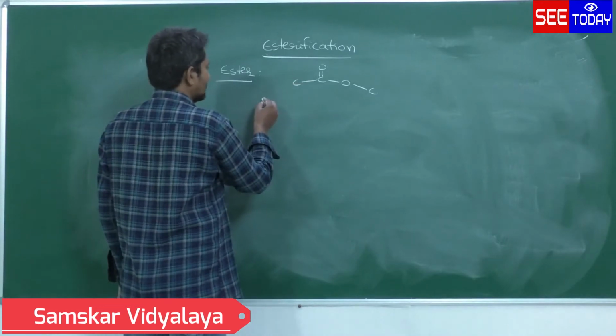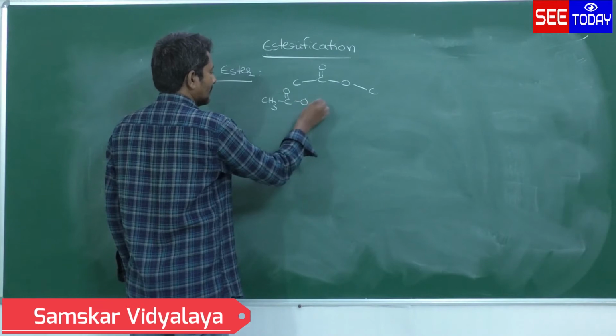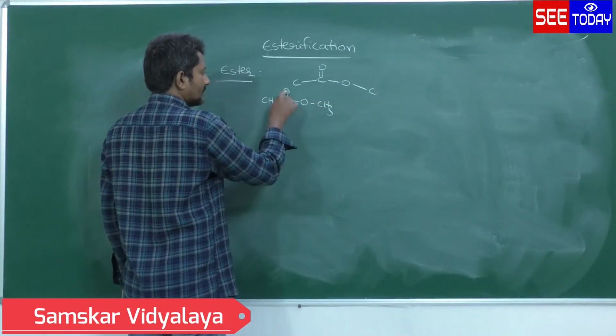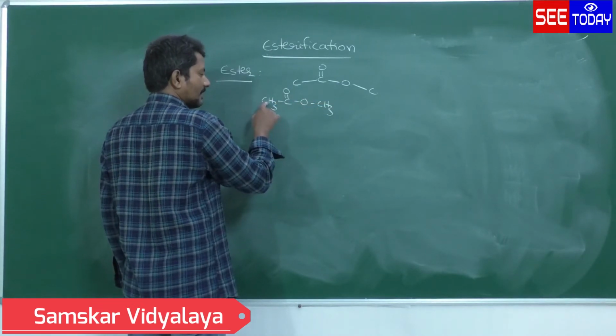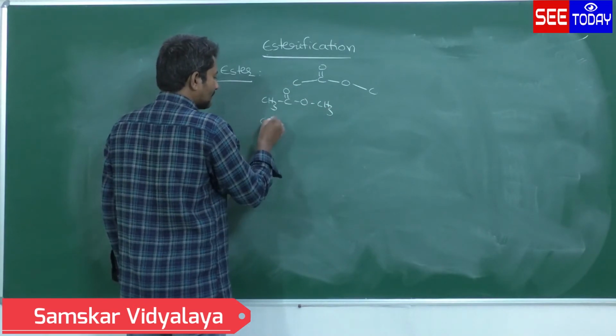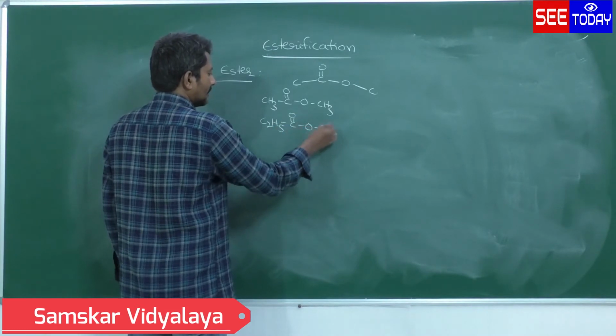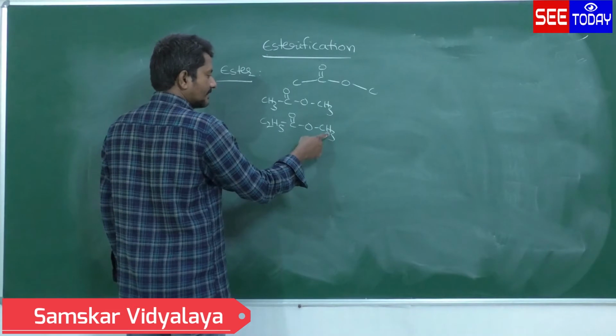Let us see CH3, C double bond O, CH3. With respect to the C double bond O, the left side has a methyl group and the right side also has a methyl group. Then C2H5, C double bond O, CH3: left side ethyl group, right side methyl group.